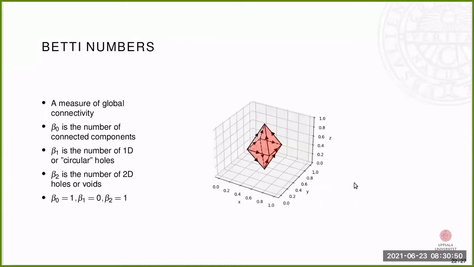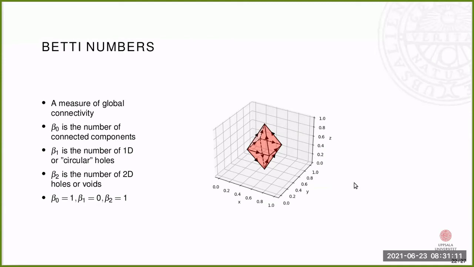A second metric we use for topological statistics are Betti numbers. These give a measure of the global connectivity of the connectome and the model. So to define them, a 0th Betti number is the number of connected components.